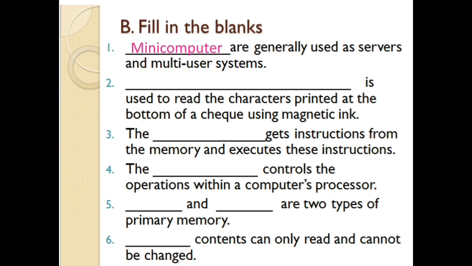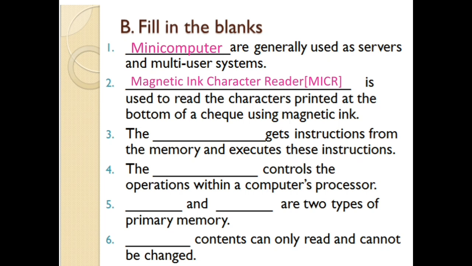Dash is used to read the characters printed at the bottom of the check using magnetic ink. What is the answer? Yes, MICR. What is the expansion of MICR? Magnetic ink character reader.